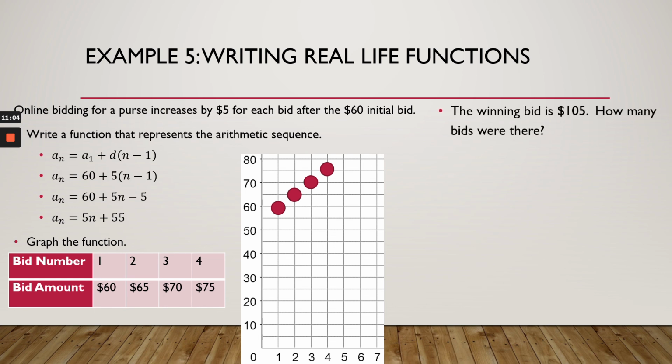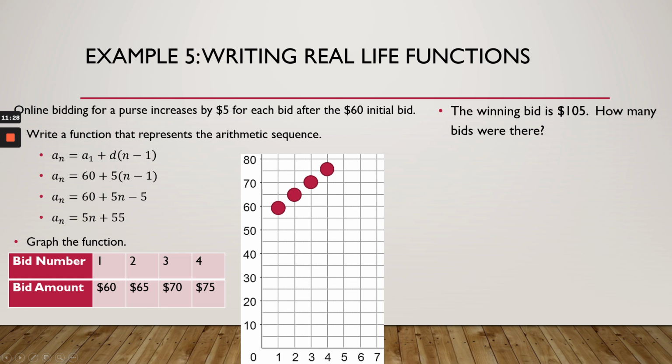Now, here's another question. The winning bid is 105. How many bids were there? Now, there's different approaches we could take in solving this. Some may be easier than others. Notice we could continue this table out and just keep on going and keep on counting out.